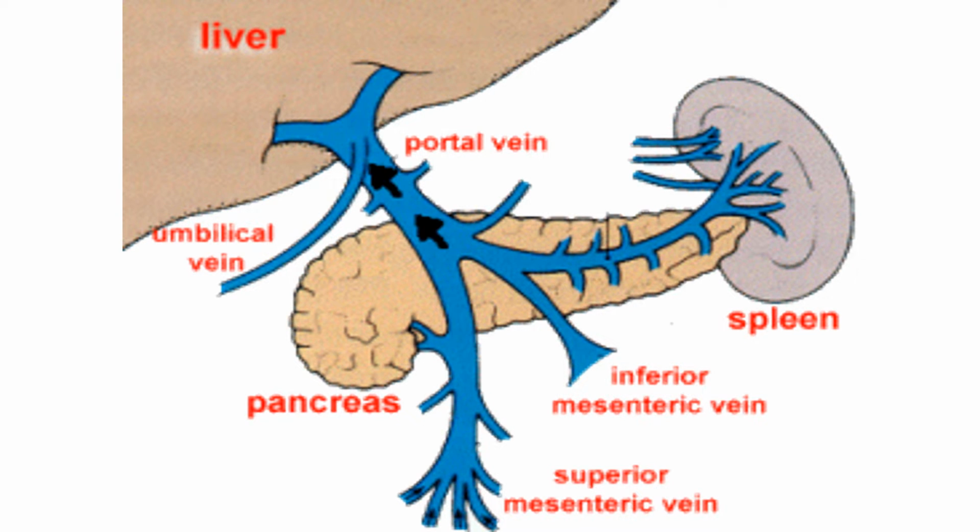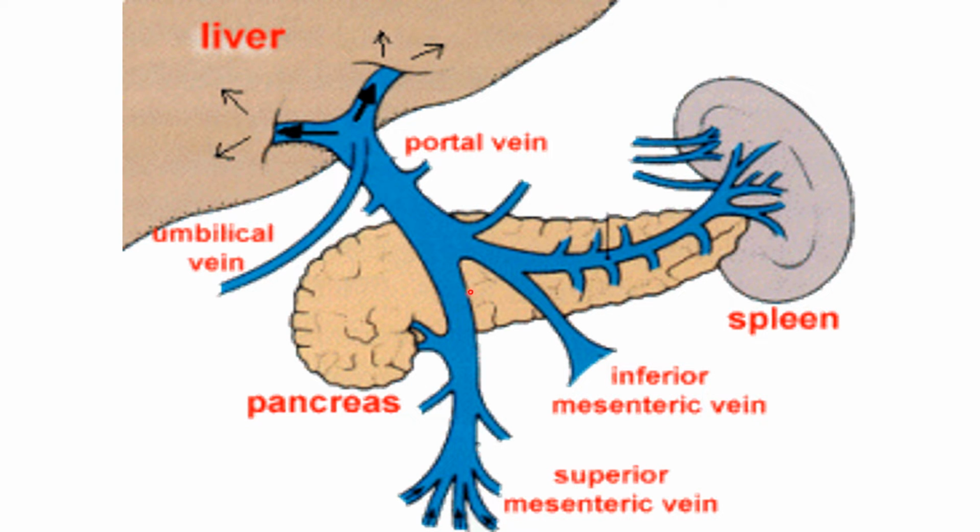As you can appreciate in the video here, it is formed by the union of the superior mesenteric vein, this side, and the splenic vein. This is the splenic vein draining the blood from the spleen.